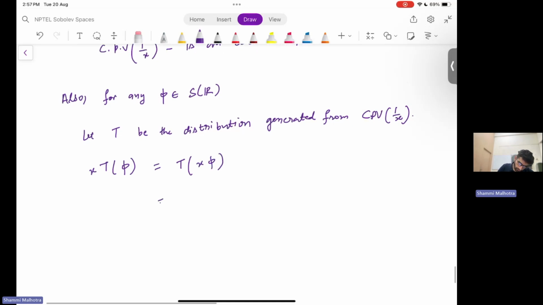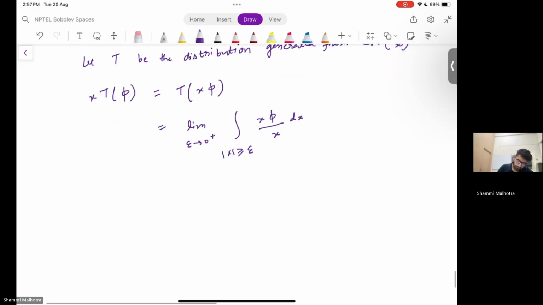And what is this? This is nothing but the limit as epsilon tends to 0 from the positive side, of the integral over mod x greater than or equal to epsilon of x phi divided by x dx. But this is nothing but the limit as epsilon tends to 0 of the integral over mod x greater than or equal to epsilon of phi dx, but phi is a Schwartz function.